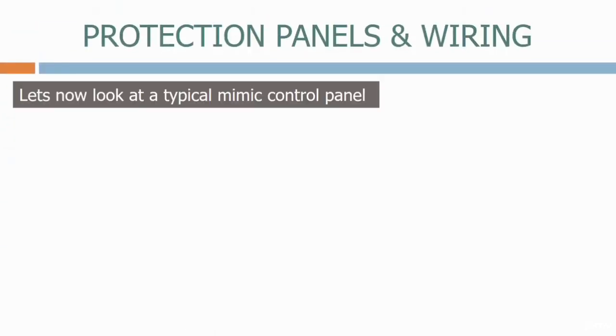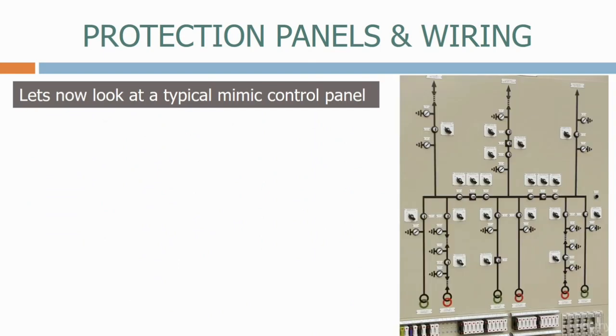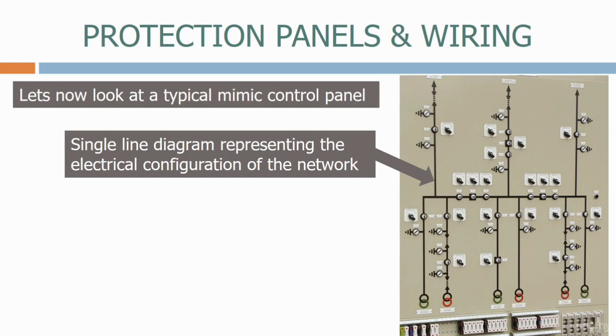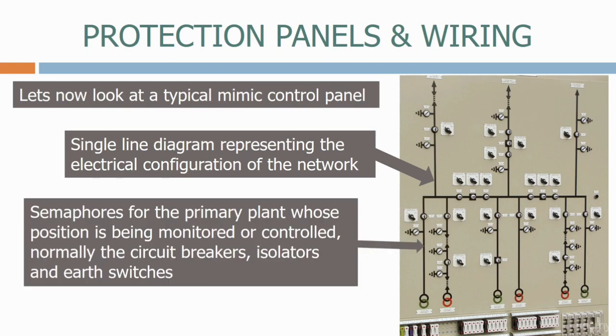Let's now look at a typical MMIC control panel. We have a single line diagram representing the electrical configuration of the network, showing all the transformers, bus bars and primary plant. We have semaphores for the primary plant whose position is being monitored or controlled, normally the circuit breakers, isolators and earth switches.